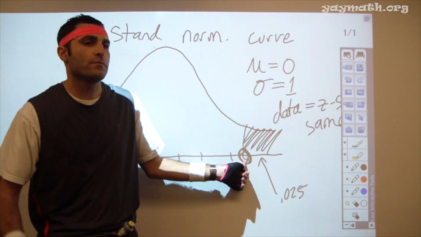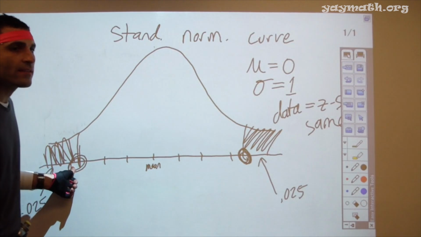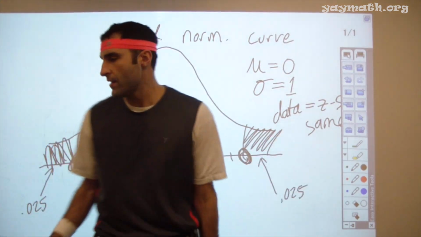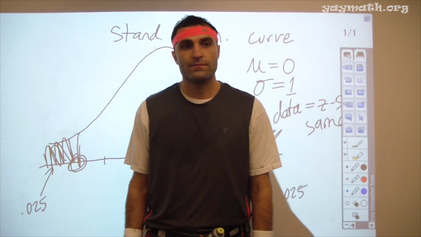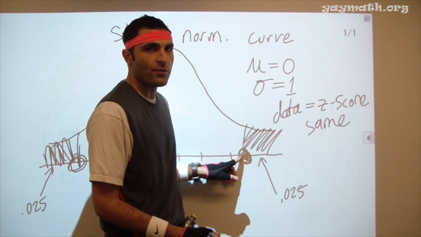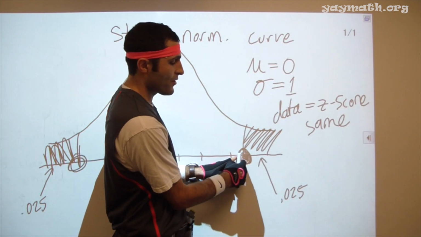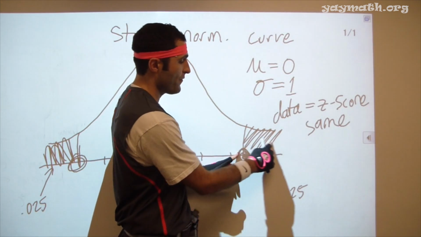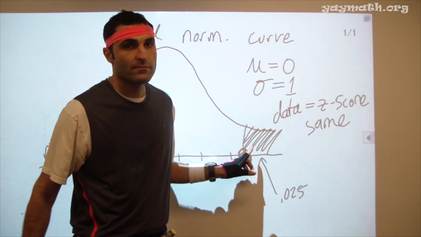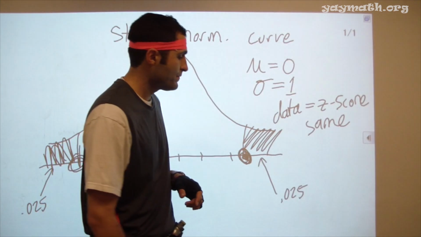Suppose this was 2. What would this z-score be? Negative 2, because the area is the same to the right and to the left. Do you agree that the z-score here is the z-score associated with 2.5% of the population to the right? Okay.